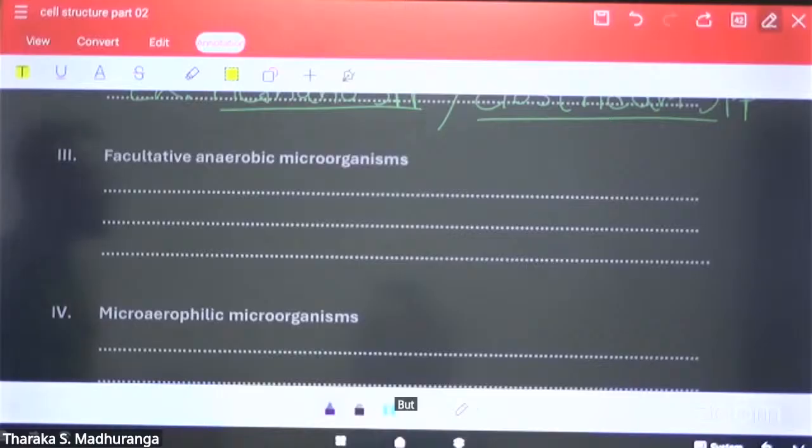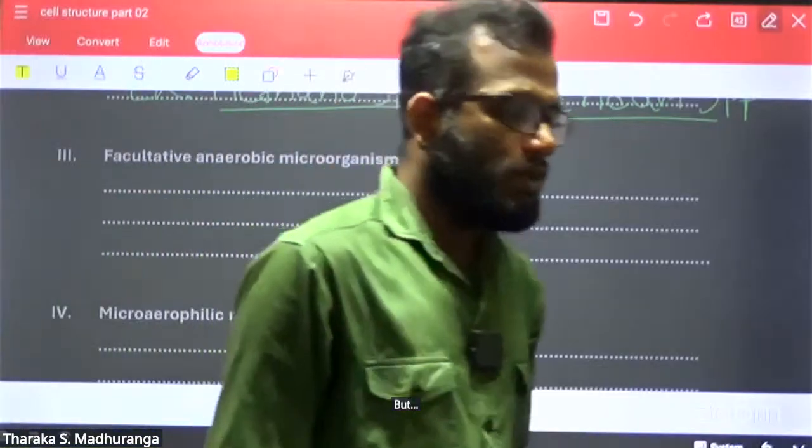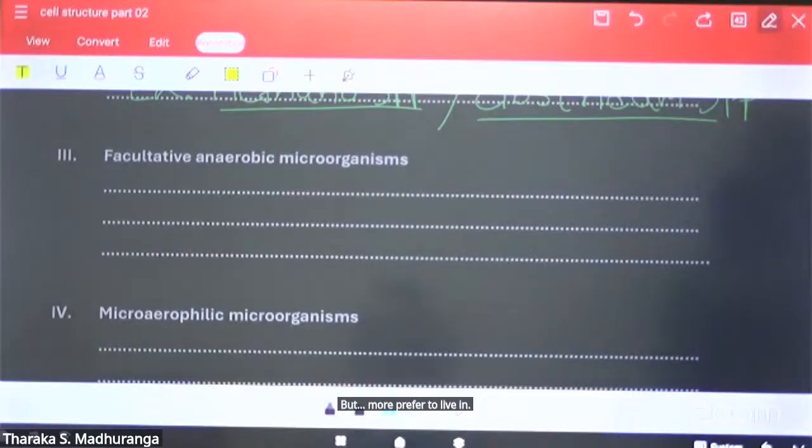But they more prefer to live in anaerobic conditions.